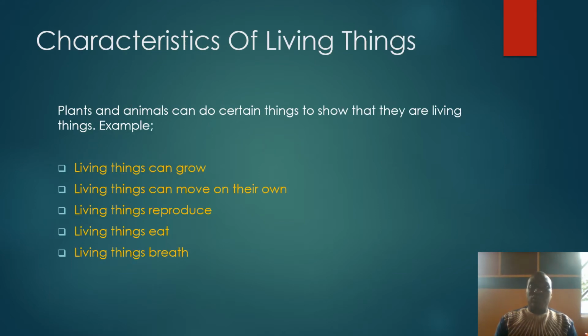Plants and animals can do certain things to show that they are living things. Examples: living things can grow, living things can move on their own, living things can reproduce, living things can eat, and living things can breathe.